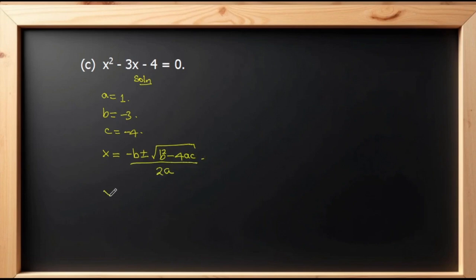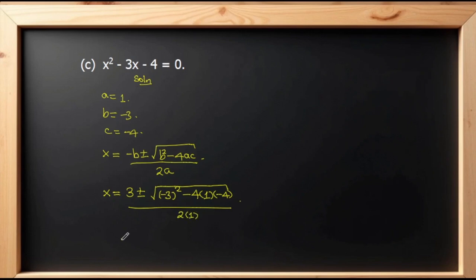Now substituting into our formula, we have negative times negative will be positive, so we have here a 3 plus or minus, so we're going to square negative 3 as value for b, and then minus 4 times the value for a being 1, then times the value of c being negative 4. Then we have to divide everything by 2 times the value of a, and that is 1.